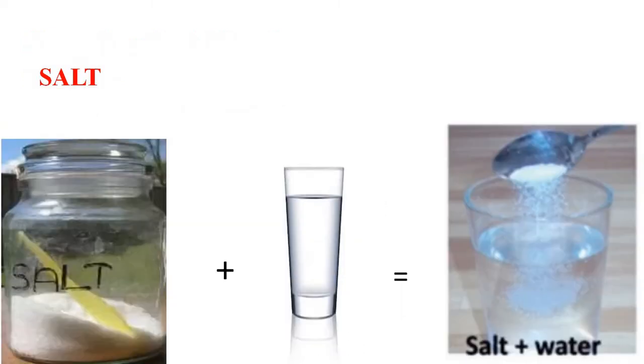Take another glass of water and add 1 spoon of salt into the water. Stir it. After some time, we see that salt completely dissolves into the water and disappears. So, salt is a soluble substance.